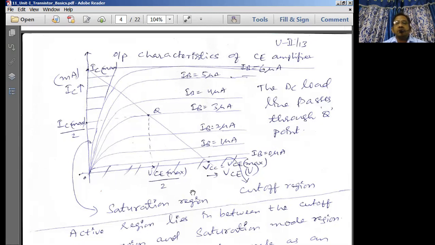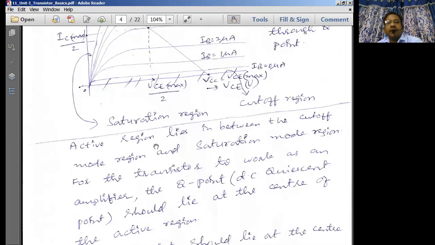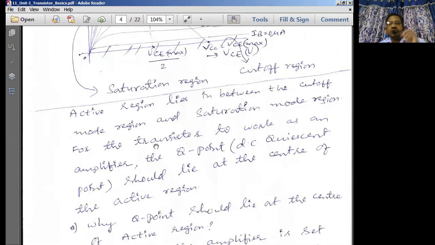The region in between the cutoff and saturation regions is known as the active region. We always operate the transistor in the active region for it to act as an amplifier circuit. So the active region lies in between the cutoff region and the saturation region.